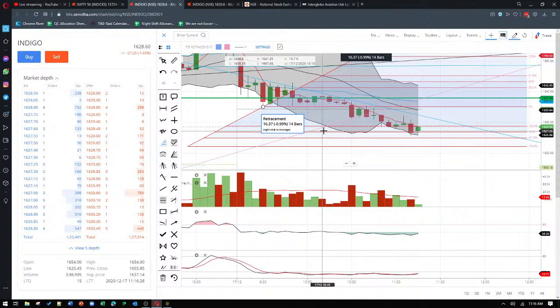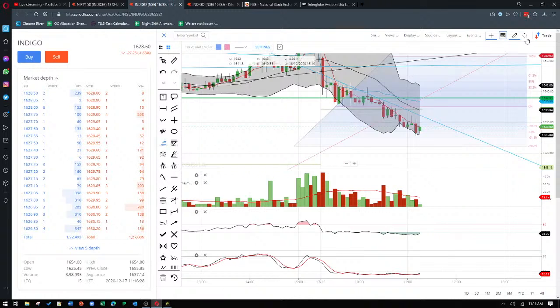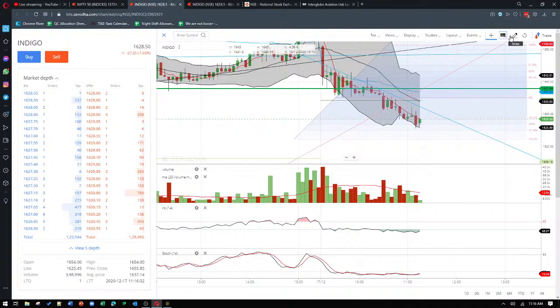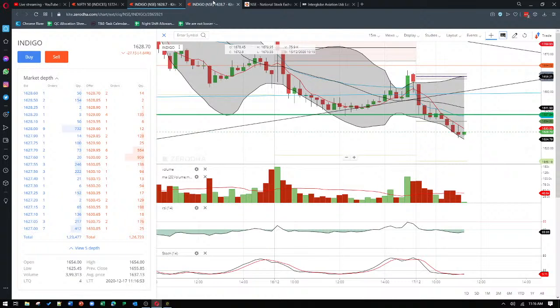Let us see what's happening there. It's away 4.5, 4.6. The open number of orders on the sell side is 1,26,000, on the buy side 1,23,000. Let's go to 15 minutes.